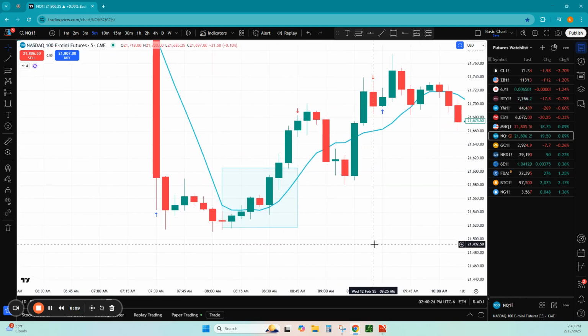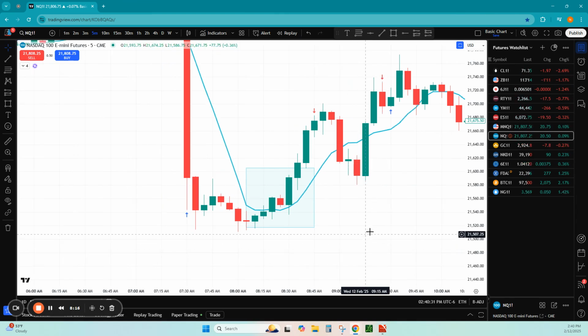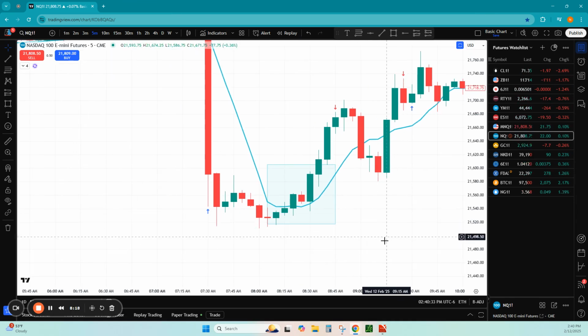Now, I often try to trail my stop just below the 5-minute candles, the swing lows. If I do that here, so let's say I go long here and I put my stop here. If I trail the stop and I move this here, let's say here, below this candle, when this candle closes, then I get taken out for a loss right there when this candle comes back in.